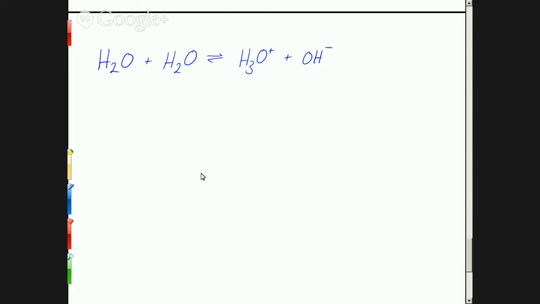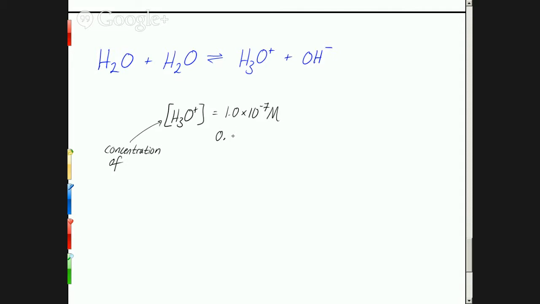And in fact, the concentration in pure water of hydronium, which is given with brackets, when we put brackets around a formula like that, that means concentration of. So the concentration of hydronium is 1 times 10 to the minus 7th molar.